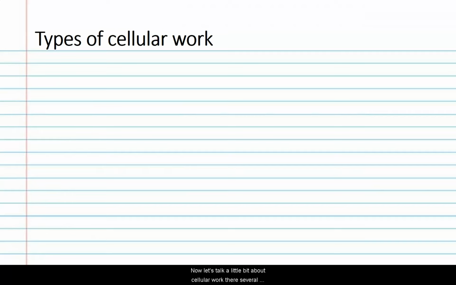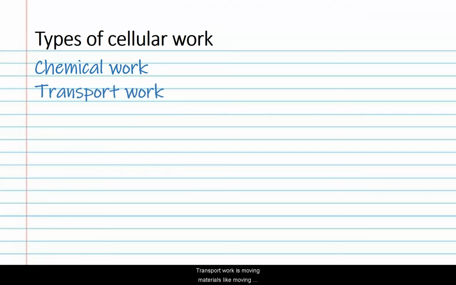Now let's talk a little bit about cellular work. There are several different types of work that a cell can do. The first is chemical work. We mentioned the building of molecules, building of proteins, building of amino acids. That is chemical work. Transport work is moving materials, like moving materials across the plasma membrane.